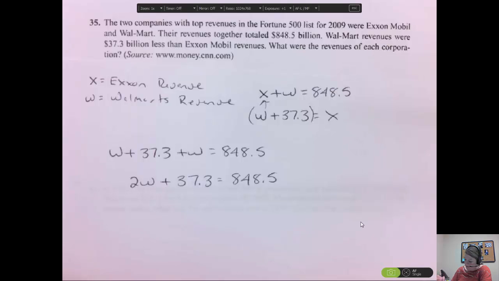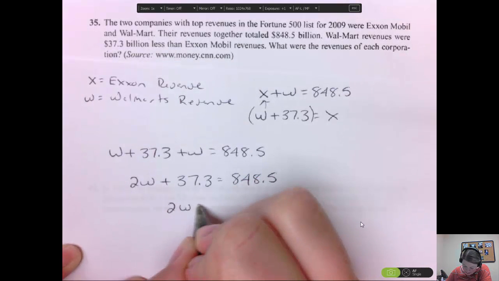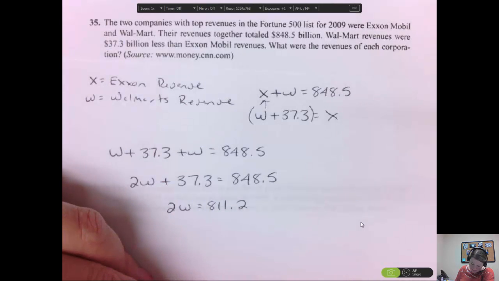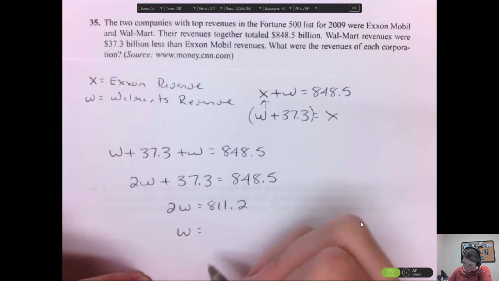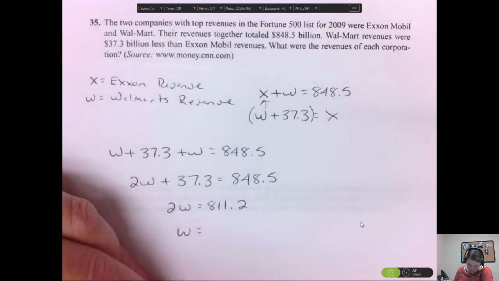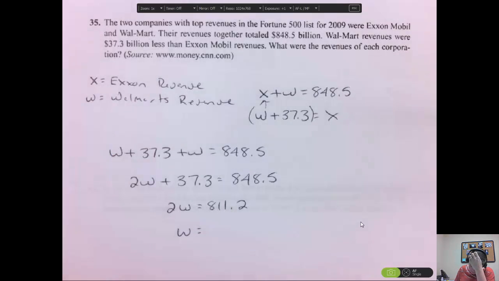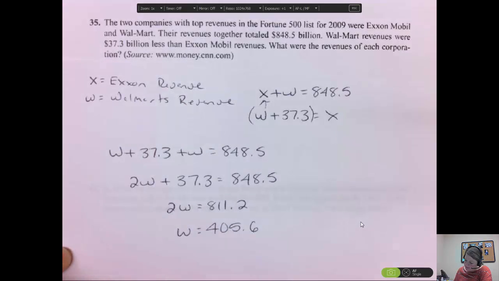So subtract that over so that you get 811.2. Now divide that by 2, and I get Walmart's to be, oops, 811.2 divided by 2 is 405.6. This is in billions.